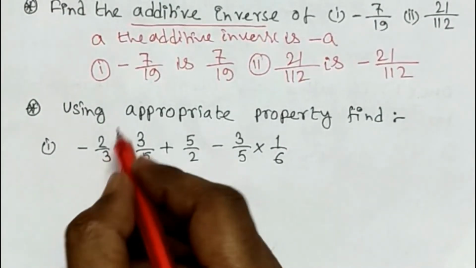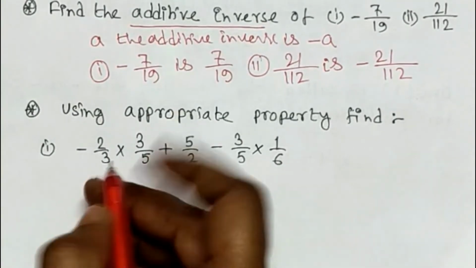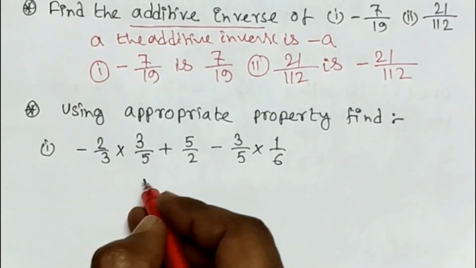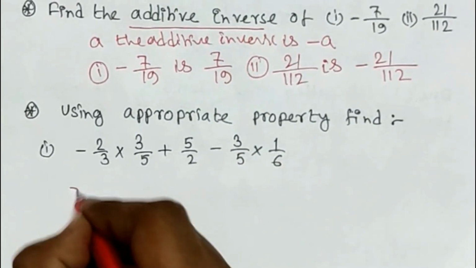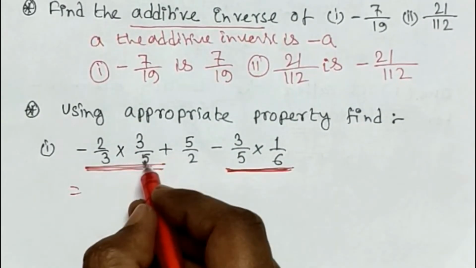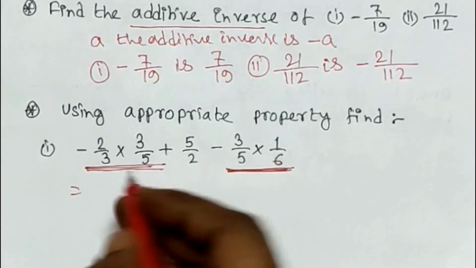Next one, using the appropriate property find this sum. Here look, minus 2 by 3 into 3 by 5 plus 5 by 2 minus 3 by 5 into 1 by 6. Clearly here 3 by 5 is common in these two portions.